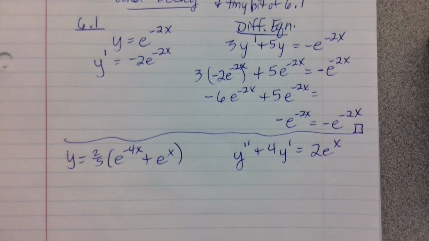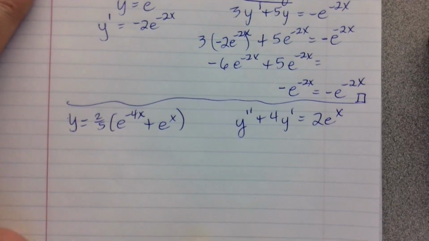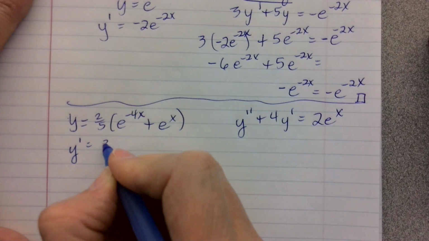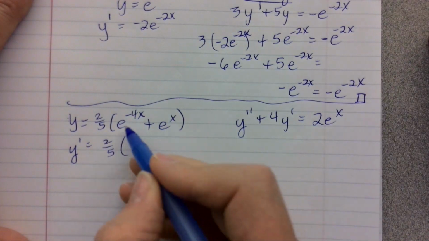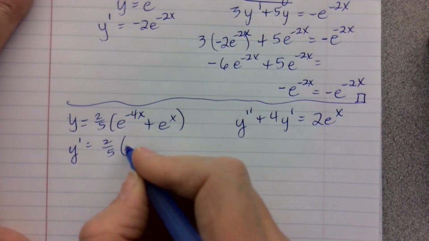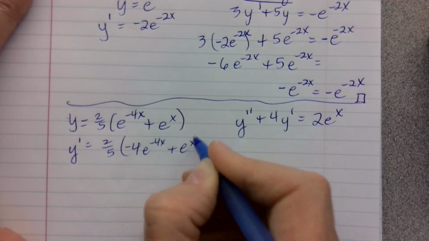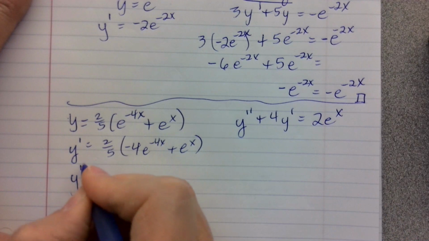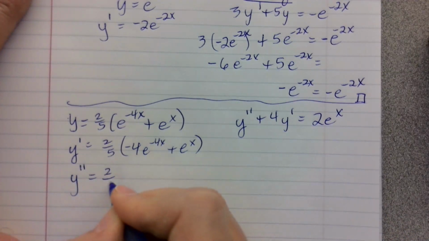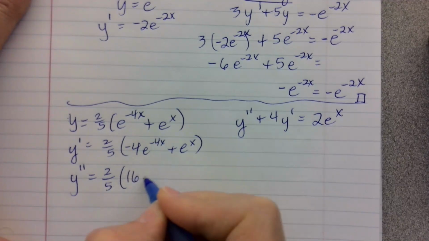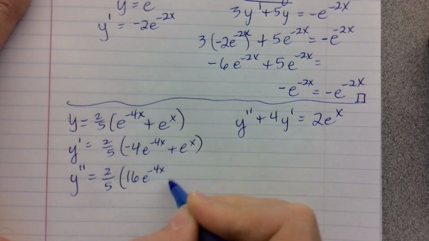So what are we going to need on this one? The double derivative. The first derivative keeps that 2/5, right? What goes inside? Negative 4e to the negative 4x plus e to the x. Everybody good with that? What about y double prime? That 2/5 just stays in there, right? 16 e to the negative 4x, plus e to the x.